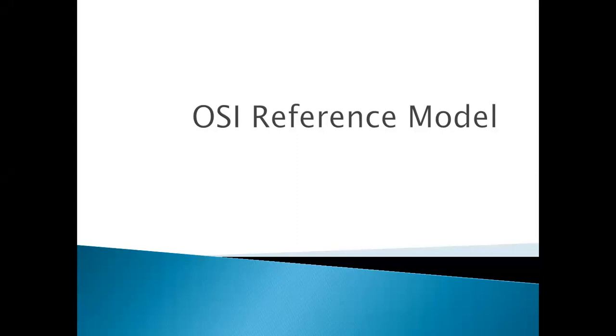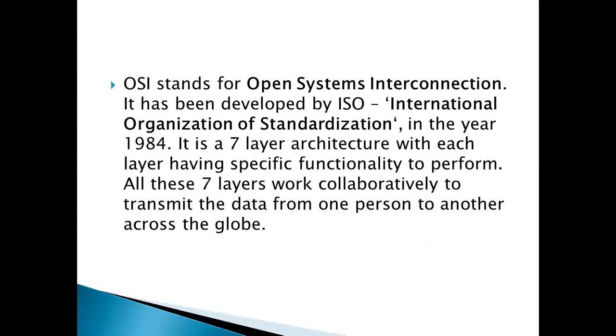OSI reference model. In networking, this is very important, and there are 7 layers in this model. Each layer has some special functions defined. First of all, a small introduction.